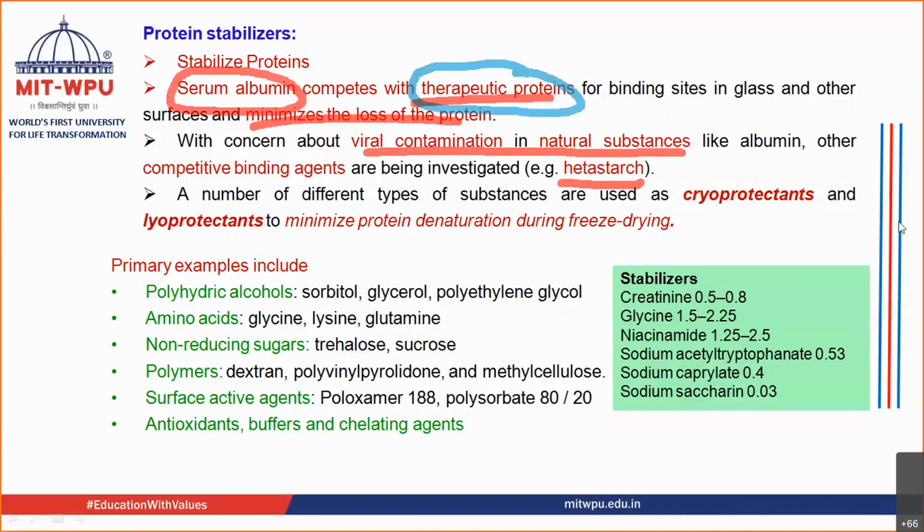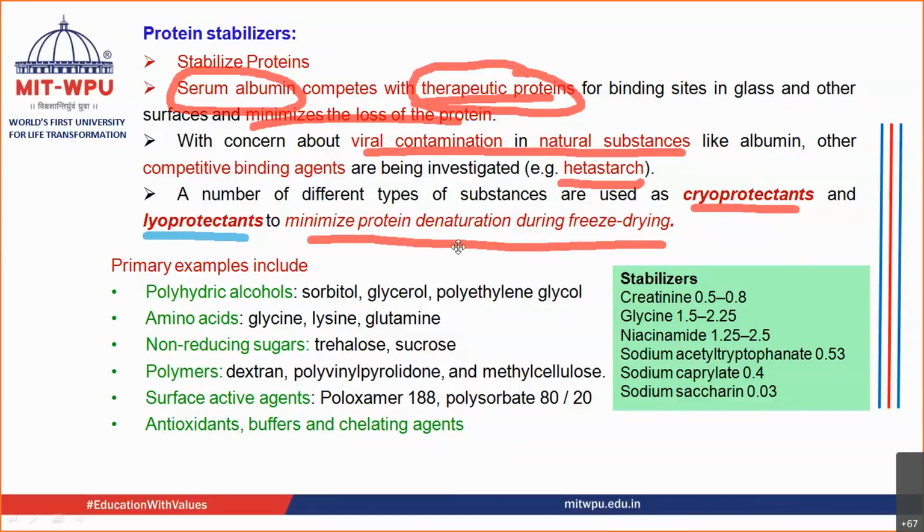Now, another thing that you have to remember is there are a number of types of substances, for example, cryoprotectants and lyoprotectants, which are also used to minimize the protein denaturation during the freeze drying process. This you must have studied in great detail when you studied about cryoprotectants and lyoprotectants, right?